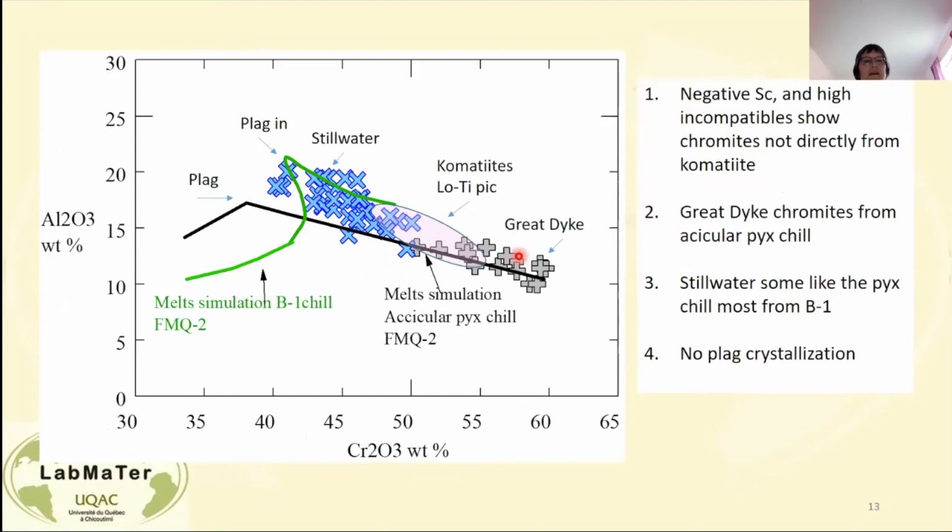Now, here we have a plot of chrome versus aluminium, and I used MELTS to plot the crystallization trends if we had the acicular pyroxenite chill. So that's the most magnesium-rich chills we see at about 20% magnesium.